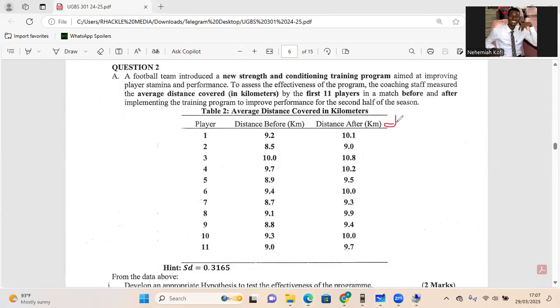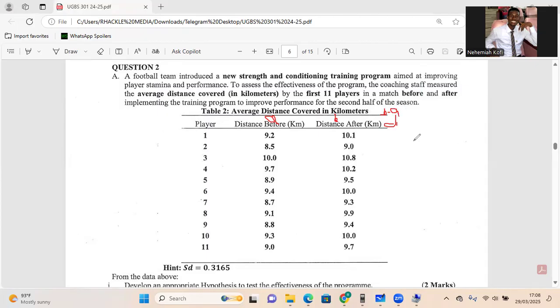In exams, you can also bring Di here. Di is basically after minus before. So let me put A here and B here. So Di is going to be B minus A, right? So that's what you're going to do.